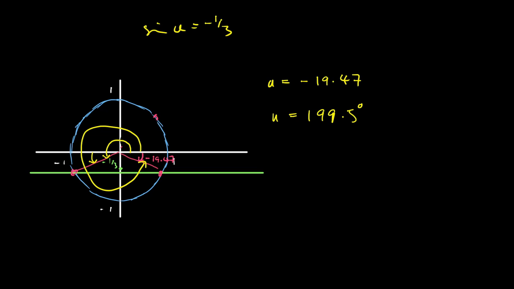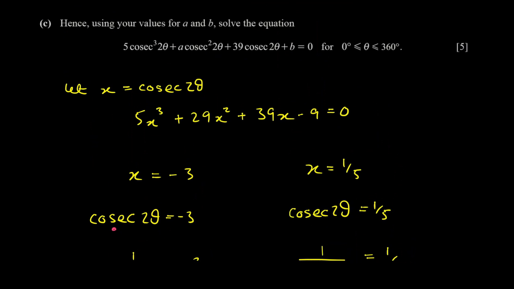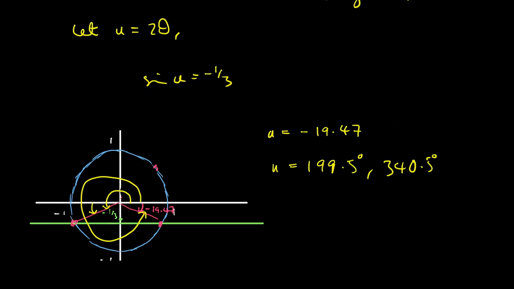That angle there, well, that's like 360 degrees minus the 19.47, right? Because imagine I go one full rotation around my circle, then I've got to go back by 19.47. So I can do 360 minus 19.47, so I get 340.528. So 340.5 degrees.